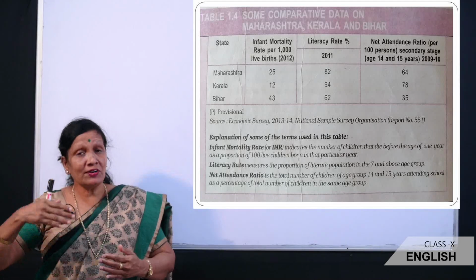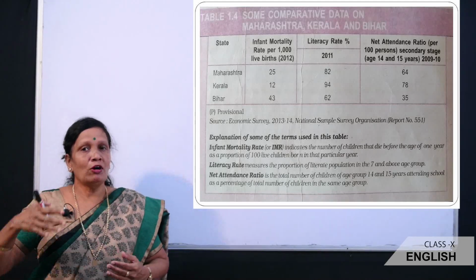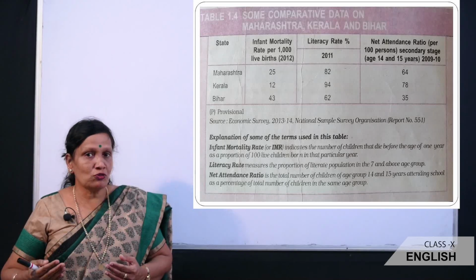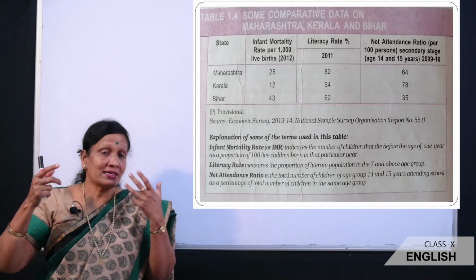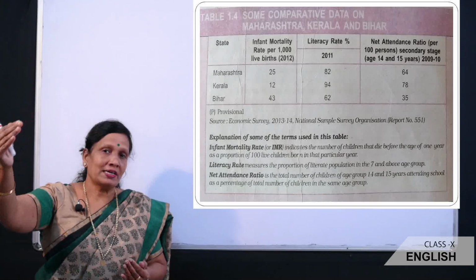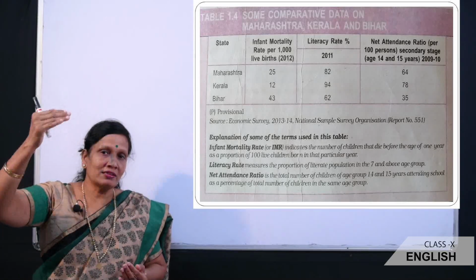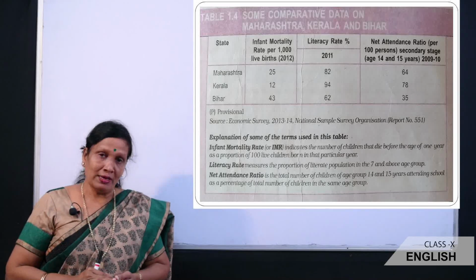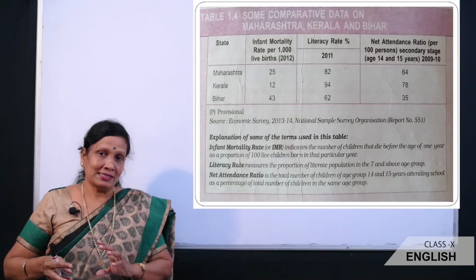And since the literacy rate is more there and people are aware of the importance of education and they are seeing the results of being literate there, the attendance ratio is also high, people are sending their children to school regularly. So this is how you analyze.